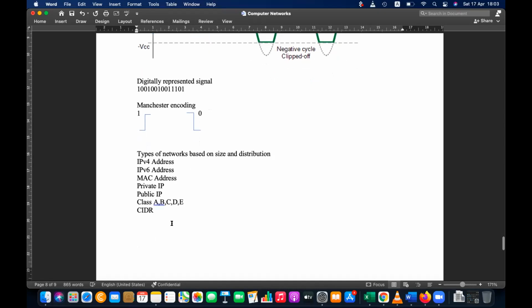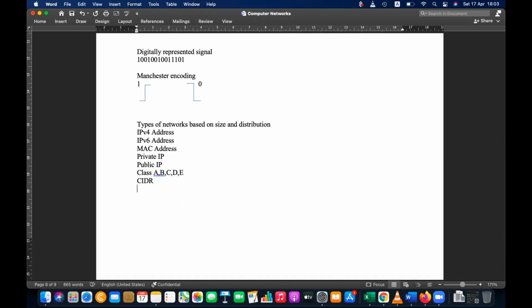In addition to that, we discussed network devices like the network interface card, network switch, hub, gateway, router, bridge, and firewall.